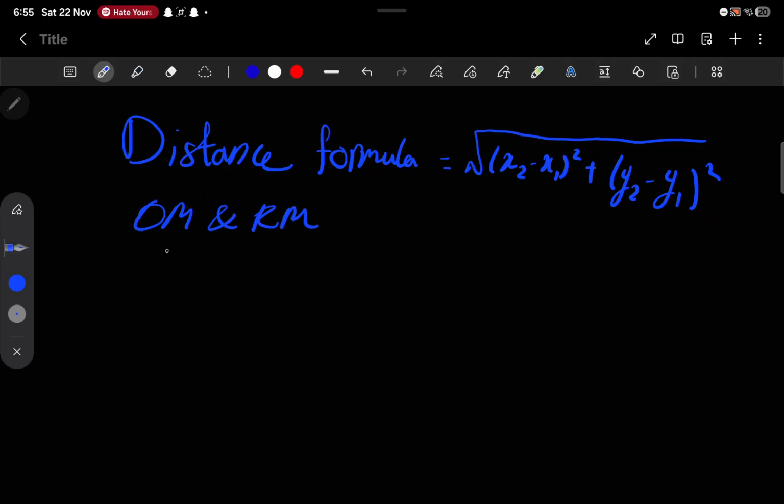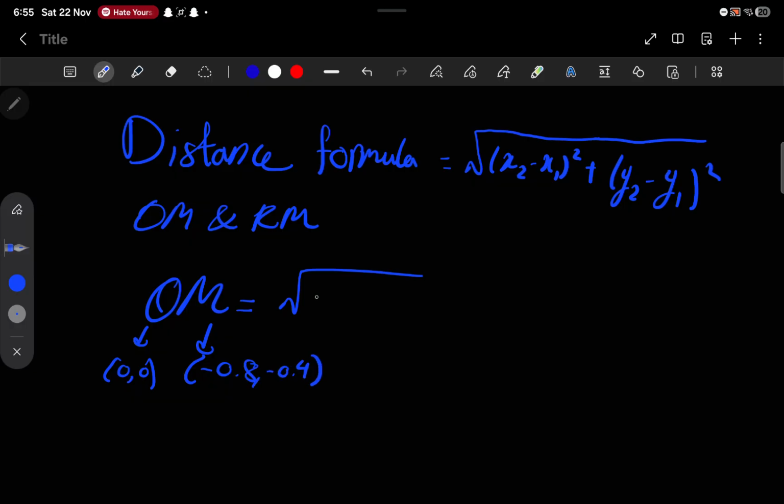So let's do it for OM first. Remember, O is 0, 0, and M is negative 0.8, comma, negative 0.4. So 0 minus 0.8 squared plus 0 minus 0.4 squared.